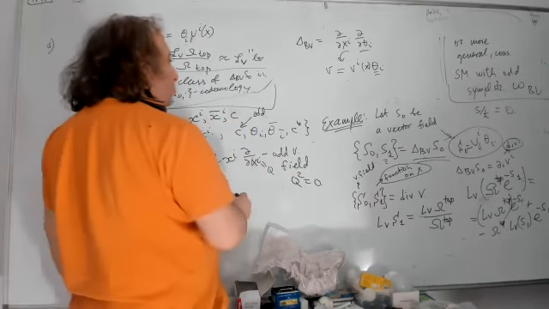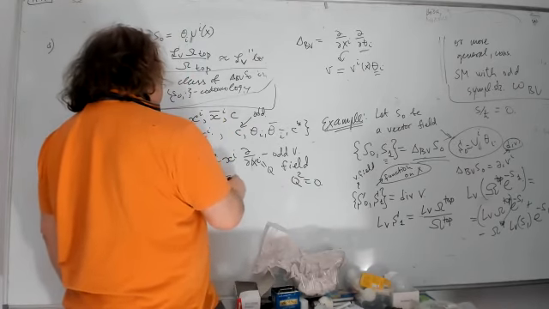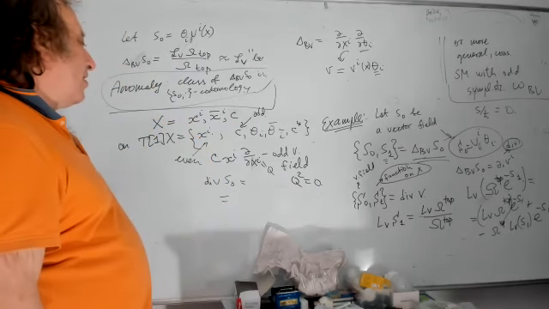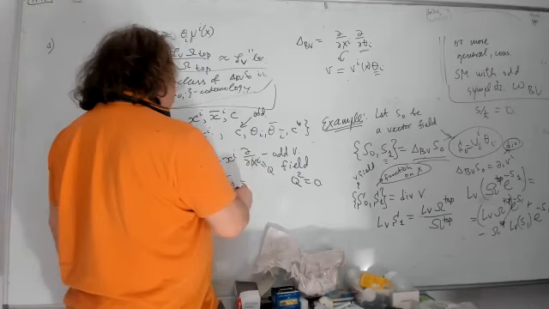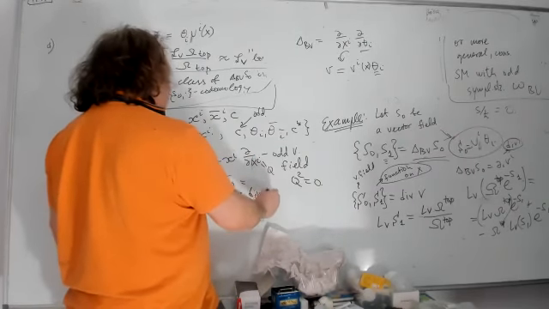Now let me compute the divergence of S naught. This is easily computed as c times the dimension of X.